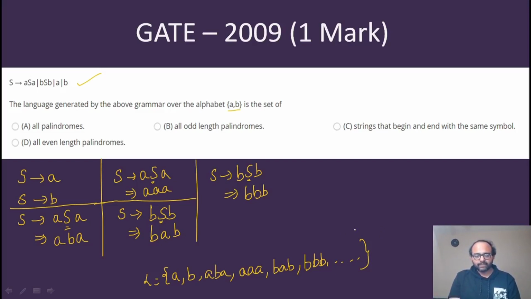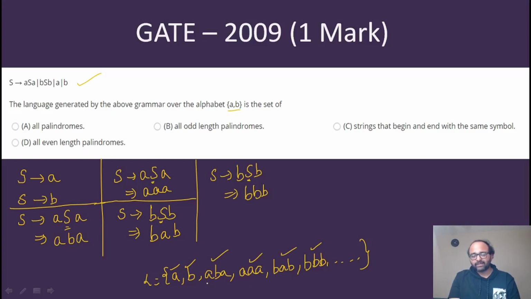If you look at these strings clearly, the property that you can observe here is all these strings are palindromes, and the length of these strings is odd. You can see the length of the first two strings is 1, which is odd, and the length of these four strings is 3, also odd.